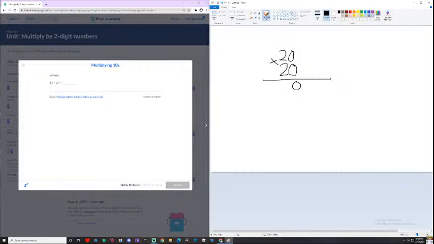After we multiply the one at the very end by the 0, we're going to multiply it by the 2. What I mean is you want to multiply the number next.